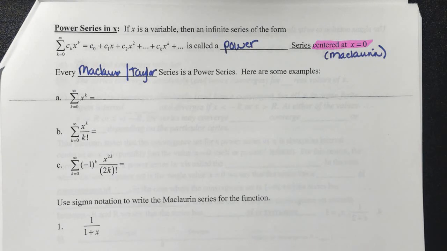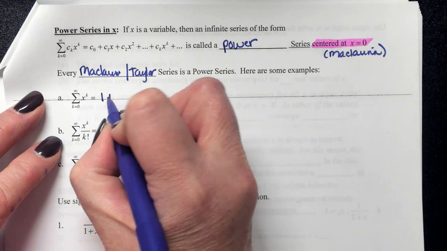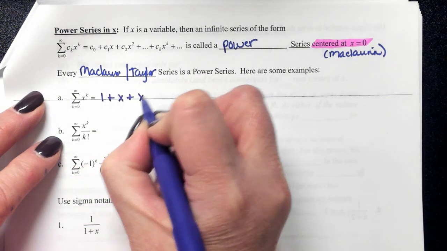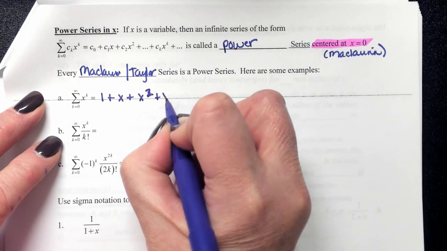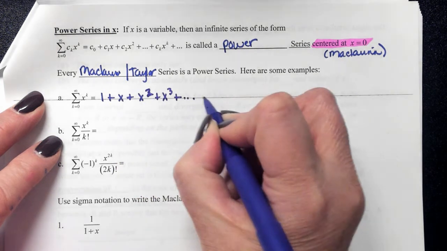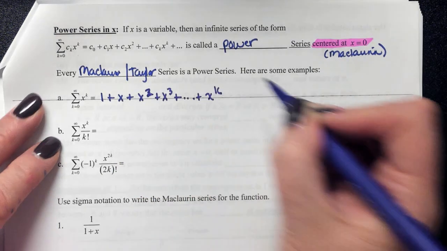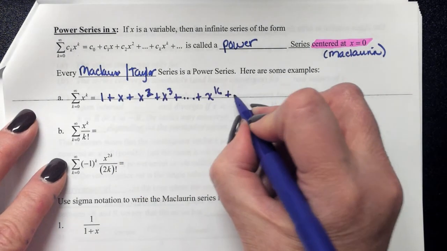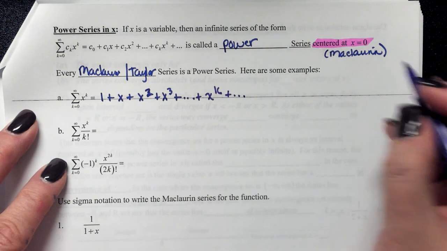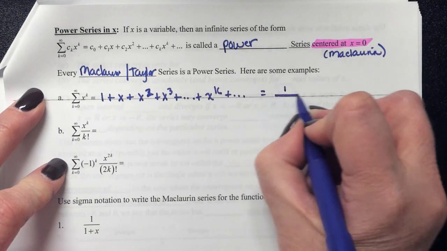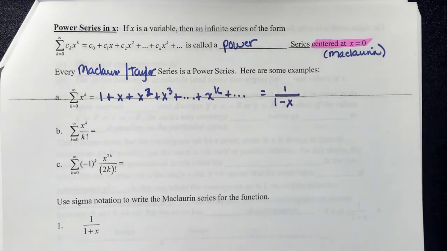All right? So x to the k is just simply 1 plus x plus x squared plus x to the third plus your dot, dot, dot plus your x to the k plus your dot, dot, dot. And remember, this is actually your geometric series of 1 over 1 minus x.